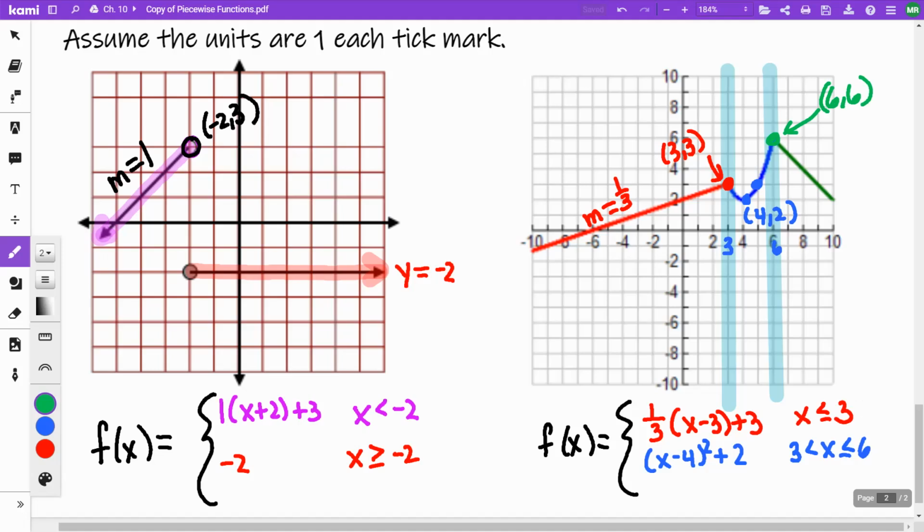And the slope for this is a -1. So I'm going to write the -1, but I don't need to. I just put a negative if I want. Times the quantity, x minus 6 plus 6. And I've already included the 6 in the parabola, so I'm just going to say x is greater than 6.